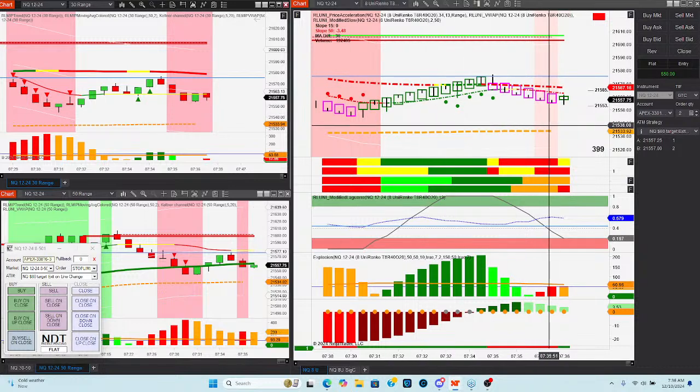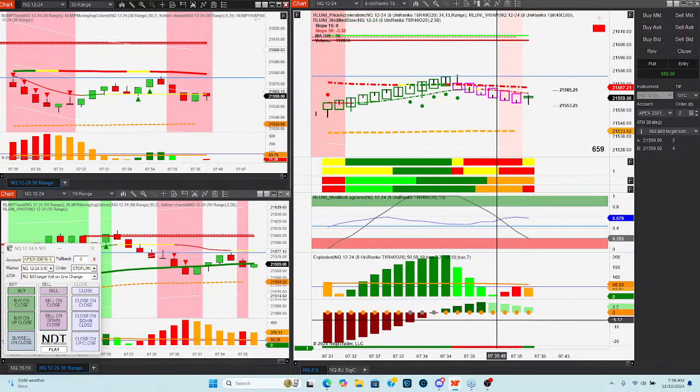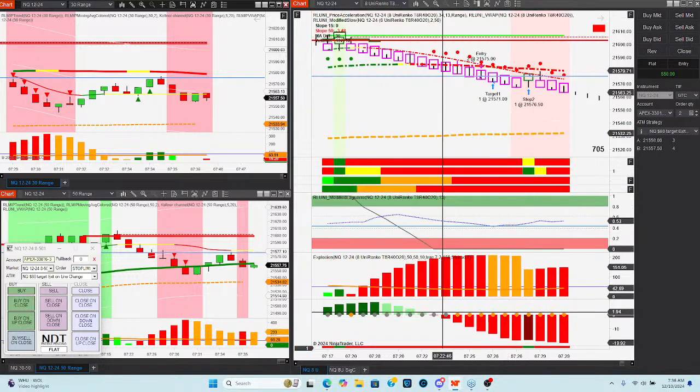I'm looking at this going, okay, everything's kind of going down. Price is below the 50. Okay, I got to get off the flatness here. Let's say this brush kind of gets above the explosion line here. I'm looking for this to turn red.